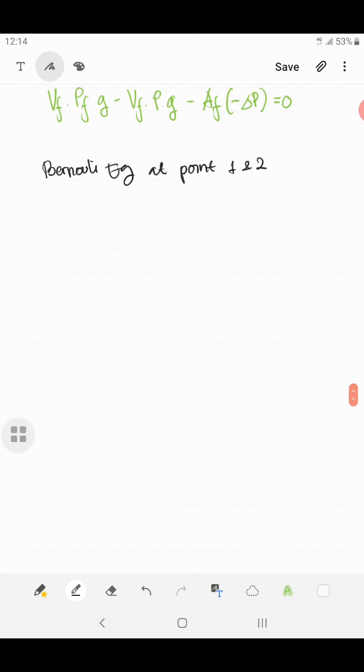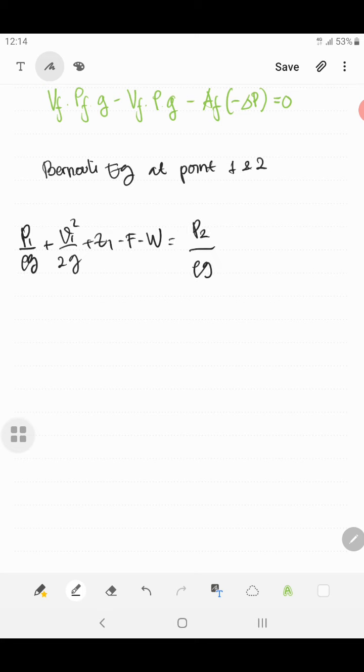So the Bernoulli equation can be written as P1 over rho g plus V1 squared over 2g plus Z1 minus Hf minus W equals P2 over rho g plus V2 squared over 2g plus Z2.